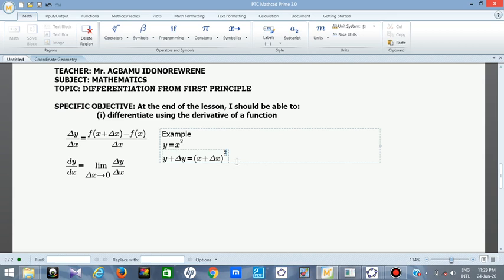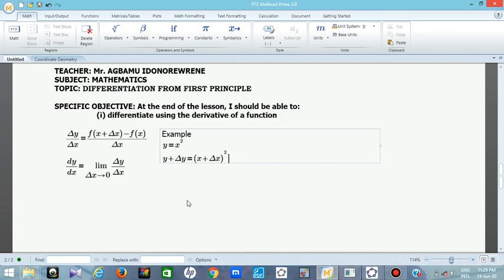So this is the first thing you need to do. You remove x, replace it with x plus delta x. You remove y, replace it with y plus delta y. Why are we doing this? Remember, in the derivation in our last class, I used change in x to be delta x, then change in y to be delta y. So you need to replace both of them.